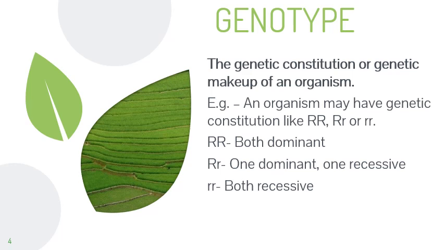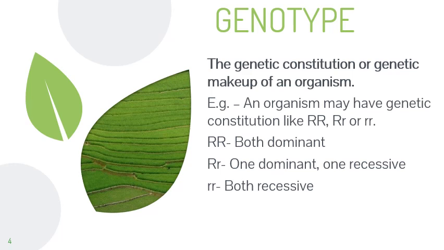Genotype. The genetic constitution or genetic makeup of an organism is called genotype. It is the set of genes present in the cells of an organism. For example, an organism may have a genetic constitution like capital R, capital R, or small r, small r. Now in this example, capital R and capital R both are dominant for the tongue rolling.